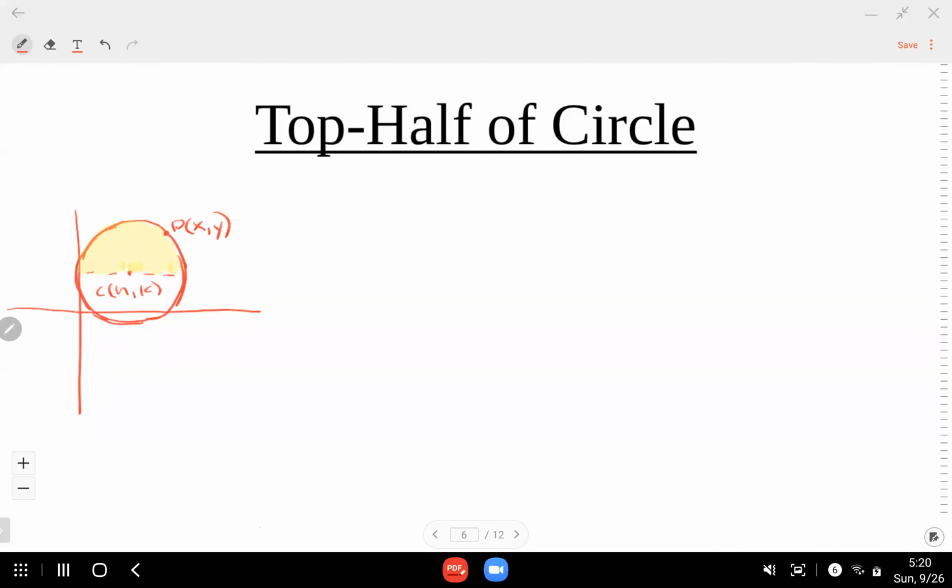So what is true about y right here? Because we're focusing on y because the x stays the same. The x stays the same. Okay. But the y changes. What is true about y in the top half of a circle? What is true about the relation between y and k?